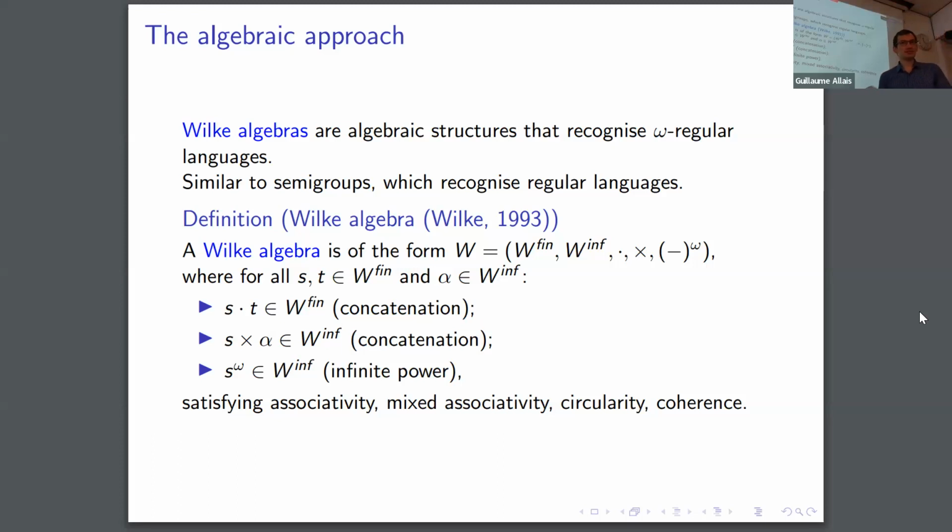There are a couple, but I'm going to talk about one of them, which is the notion of a Wilke algebra. A Wilke algebra is an algebra of this type. It has two sorts and three operations. Intuitively, think of this sort as the sort of finite words, and this sort as the sort of infinite words.